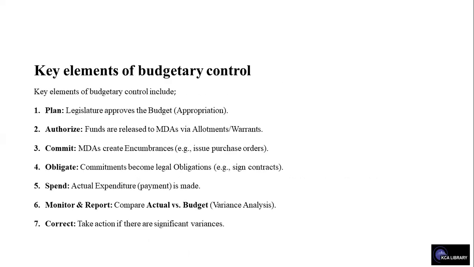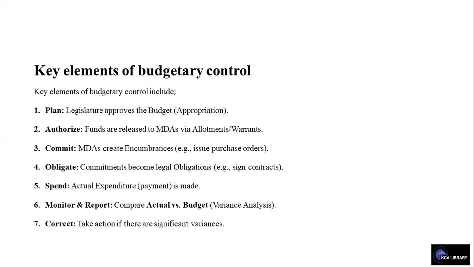Key elements of budgetary control include, one, plan, where the legislature approves the budget or appropriation, and then they authorize it. After planning, it is authorized, and funds are released to the ministries, departments, agencies via allotments or warrants.